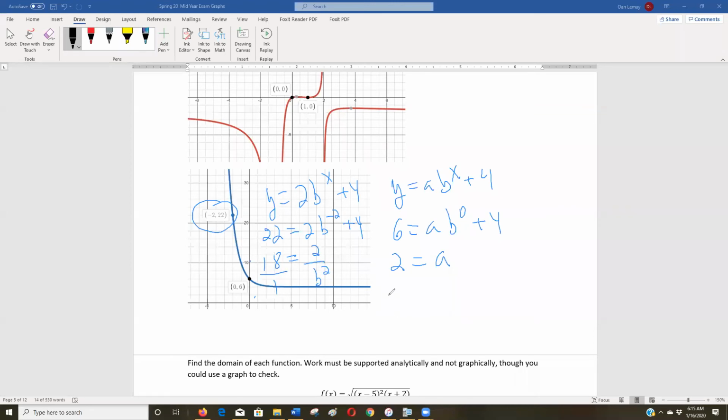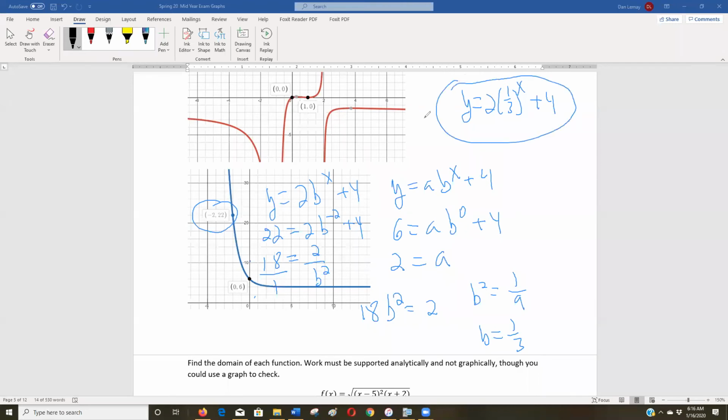I'll do the cross products. So b squared times 18 equals 2, so doesn't b squared equal 1 over 9? And if we take the square root of that, b equals 1/3. So y equals 2 times (1/3) to the x plus 4 is a function that represents that graph.